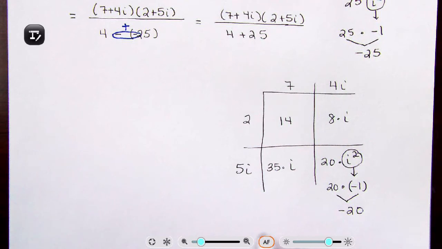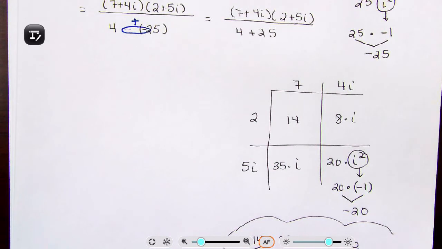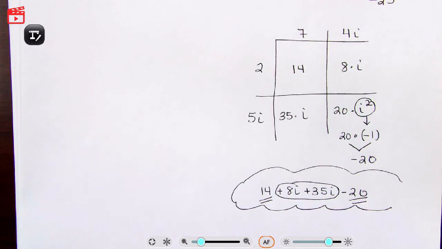Simplifying this out, I'm going to do a thinking bubble here. I have 14 plus 8i and 35i minus 20. So we're going to have to combine things that don't have i's next to them and then things that do have i's next to them. We're going to have to simplify that out. So we have 14 minus 20. Oops, I'm using a calculator and I typed in 200 instead of 20.